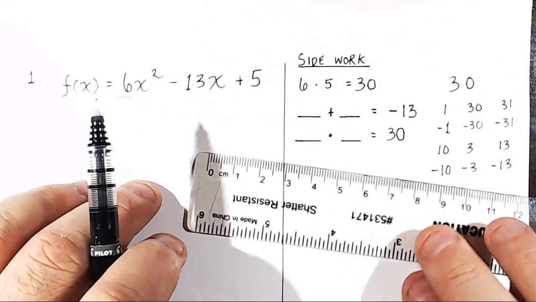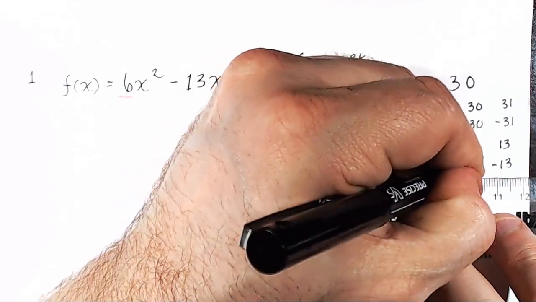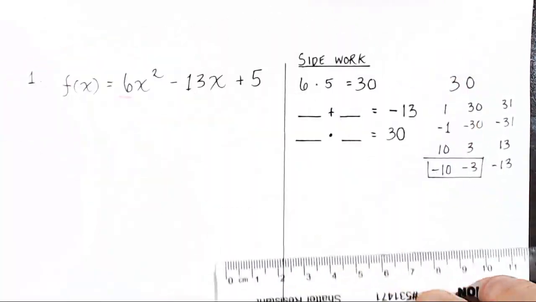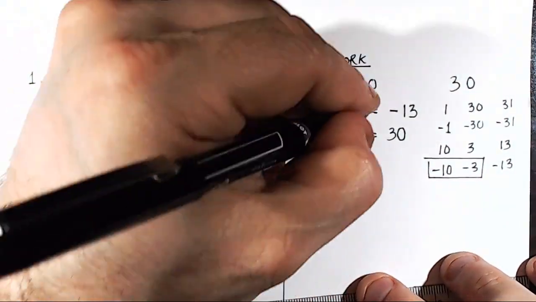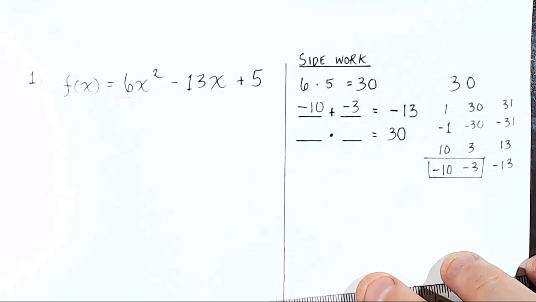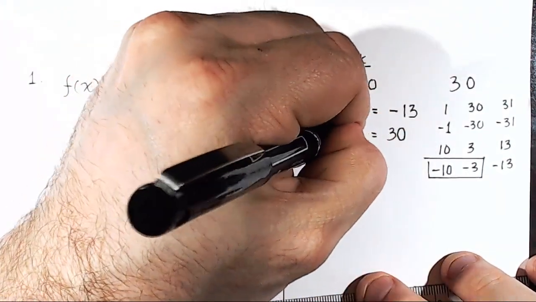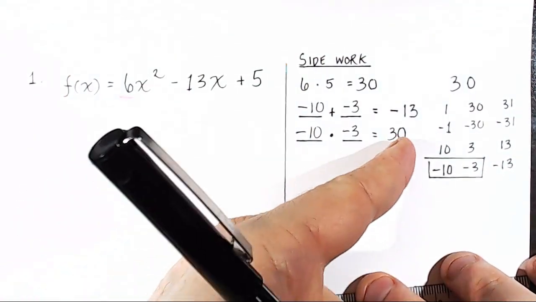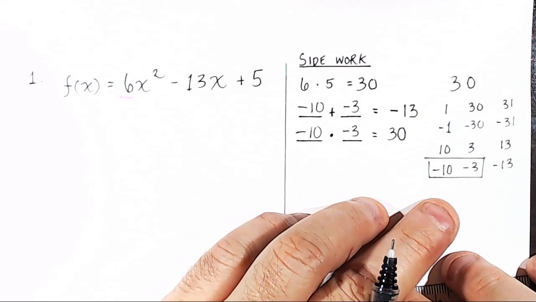So those are the numbers that we need, -10 and -3. Because look, -10 plus -3 equals -13, and -10 times -3 equals positive 30. So that's how we know our answers are correct.